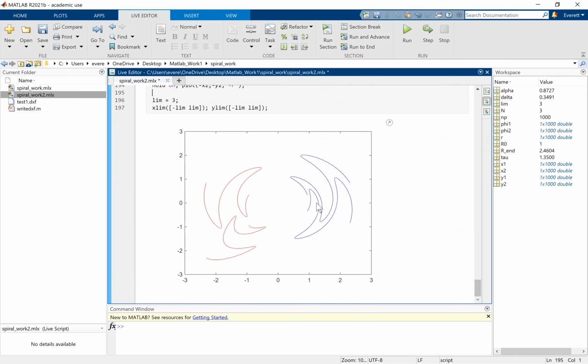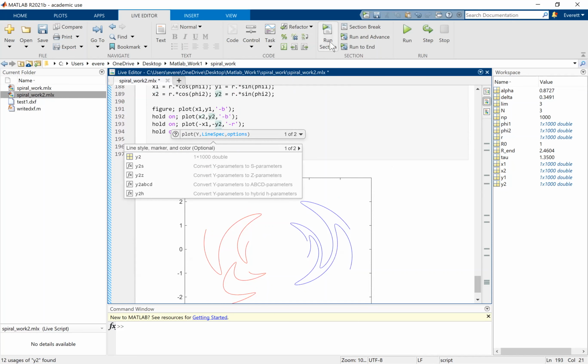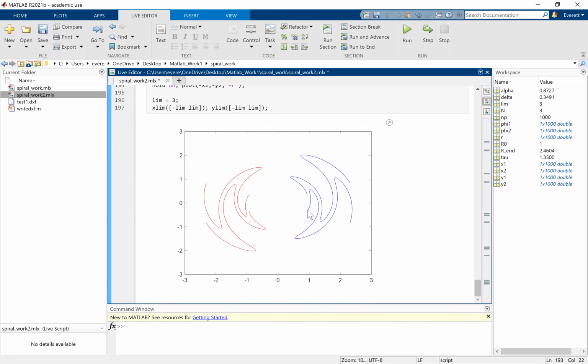Run this. And oh, this is supposed to be y2 here. Y1. There we go. All right, and we can see that our sinuous antenna is coming together very nicely.